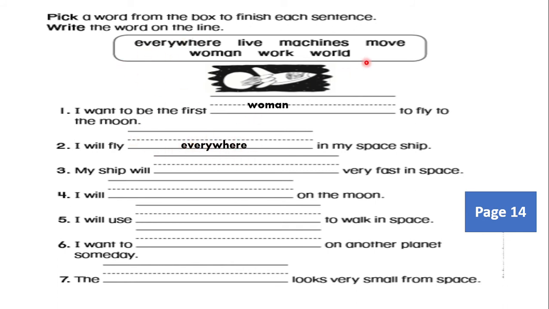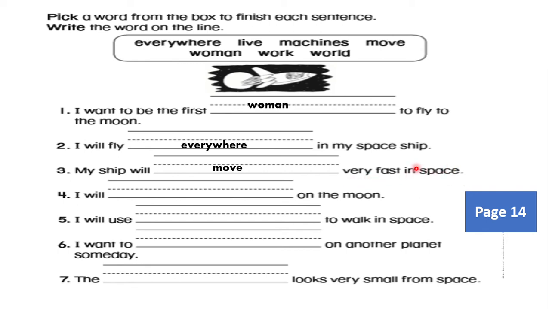So look which word is the adverb. Here everywhere is an adverb. Number 3. My ship will very fast in space. My ship will move. So the ship moves. It will move, go from one place to another.